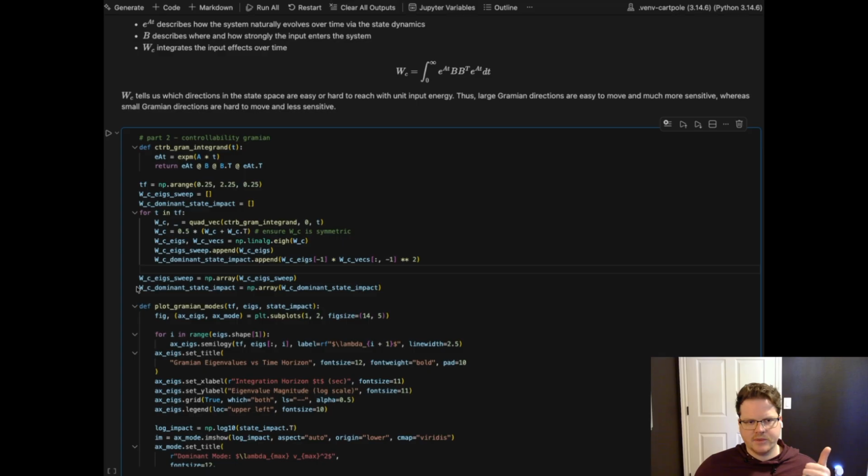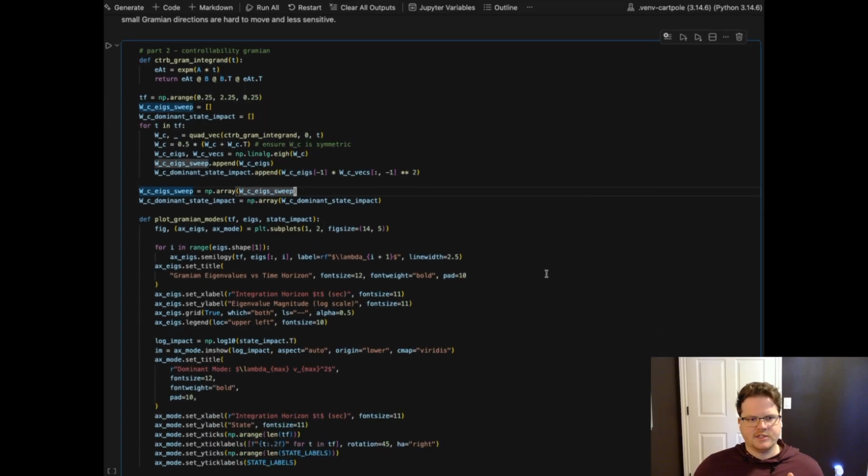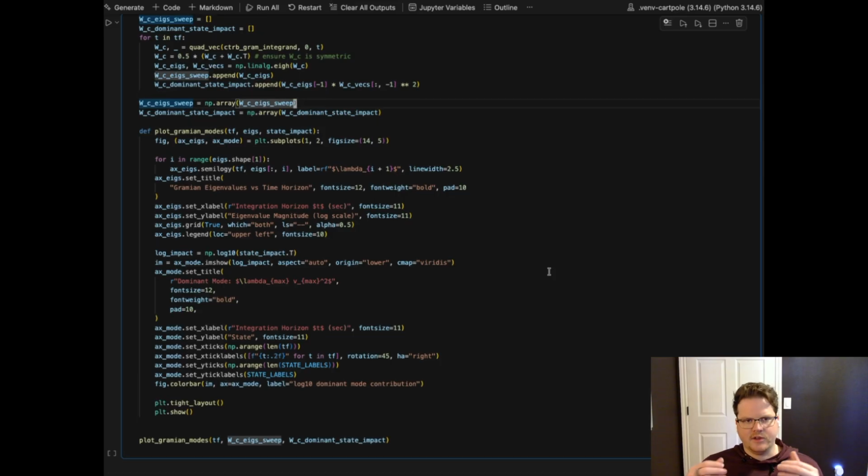So we have the eigensweep here. We have the dominant state impact sweep there. And so this next part is actually plotting the Gramian modes side by side. On the left-hand side, it'll be the eigenvalues graphed over time. And I should say, it'll be all four eigenvalues plotted over time.